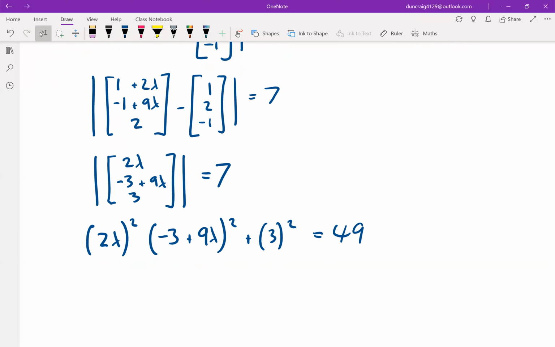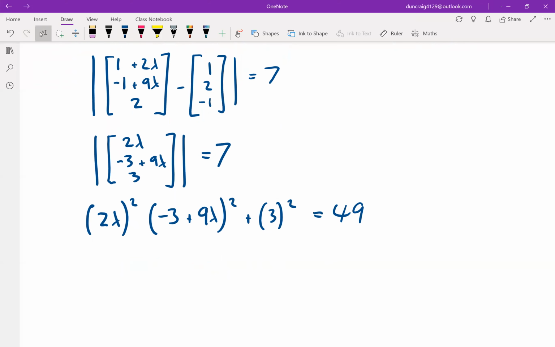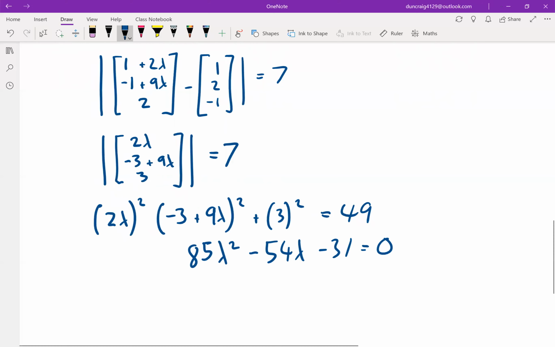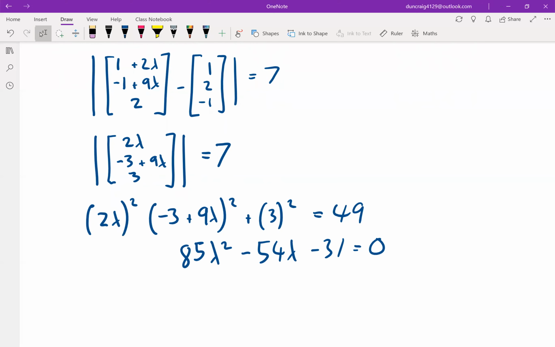Then we can simplify and solve. If you simplify all of that, you would be left with 85 lambda squared take 54 lambda take 31 is equal to 0. I've just pretended I've done that on my ClassPad.